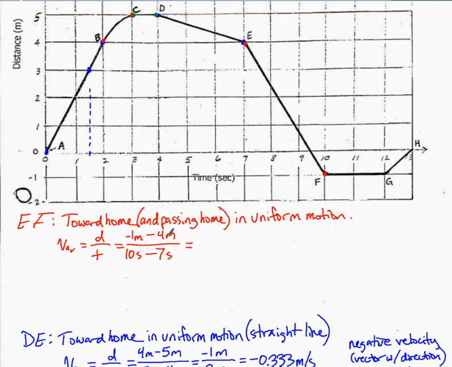So we have -5 meters over 3 seconds. If we were in math class, -5/3 would be a great answer. But in physics class, we need this in terms of decimals, -1.67 rounded meters per second.